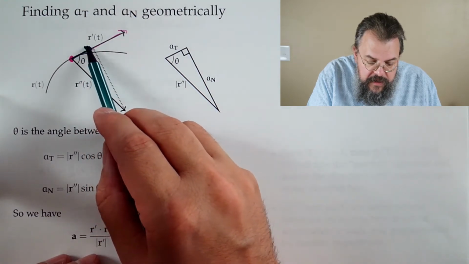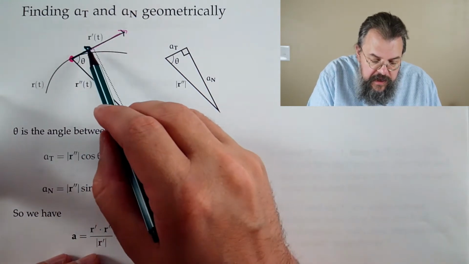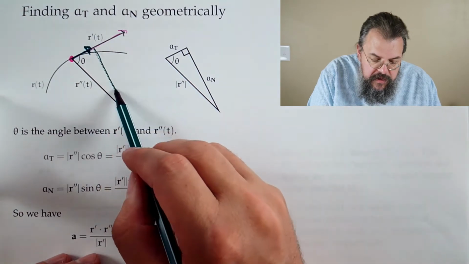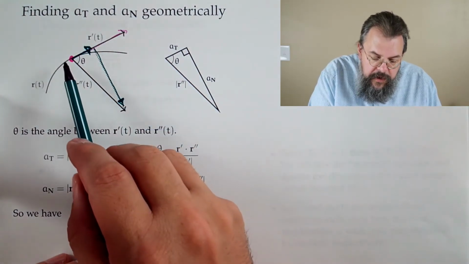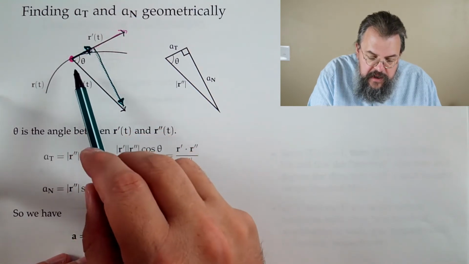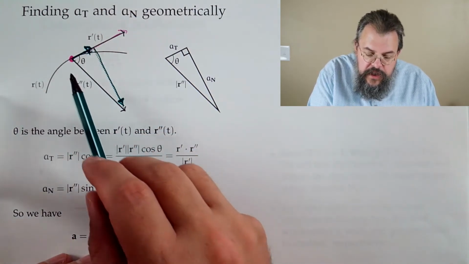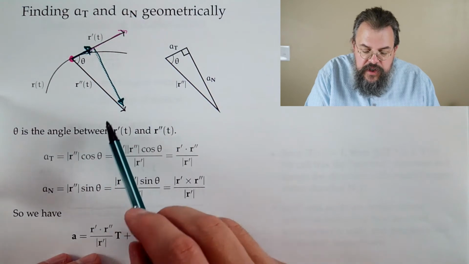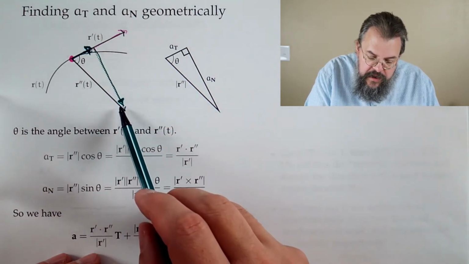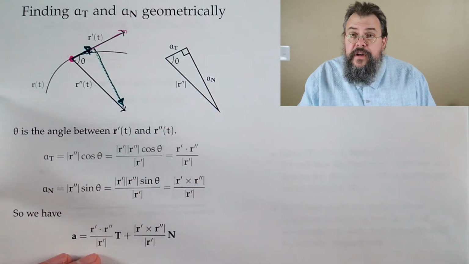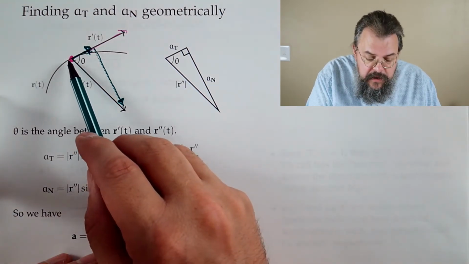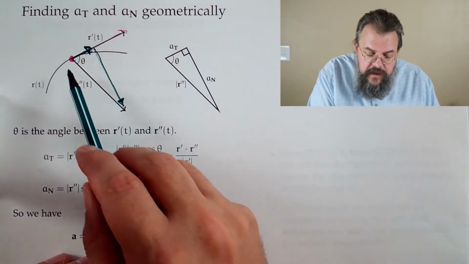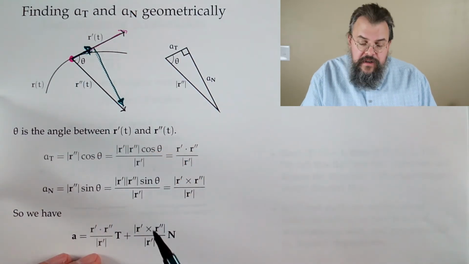So I have a little piece down here, and then I have a piece down there. So what I have is this part, that's how much of acceleration points in the direction of motion. And that part, that's how much of acceleration points in the direction normal to motion. And you can see if you put them together, this plus that gets us to acceleration.